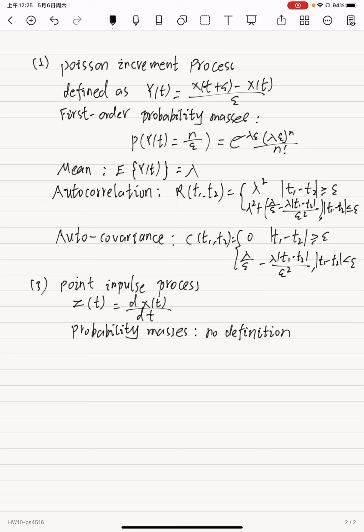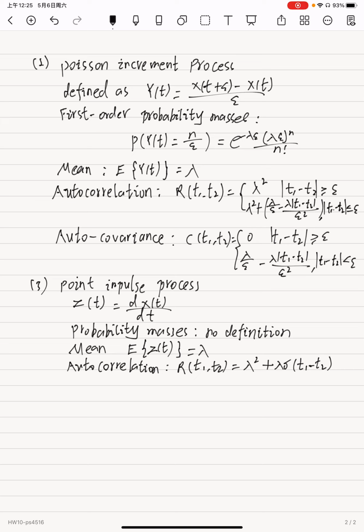And the mean E[Z(t)] equals lambda, and the autocorrelation R(t1, t2) equals lambda squared plus lambda delta multiplied by (t1 minus t2), and the autocovariance C(t1, t2) equals lambda delta(t1 minus t2).